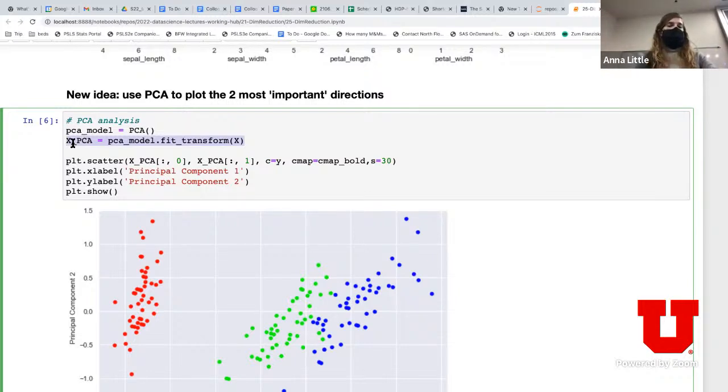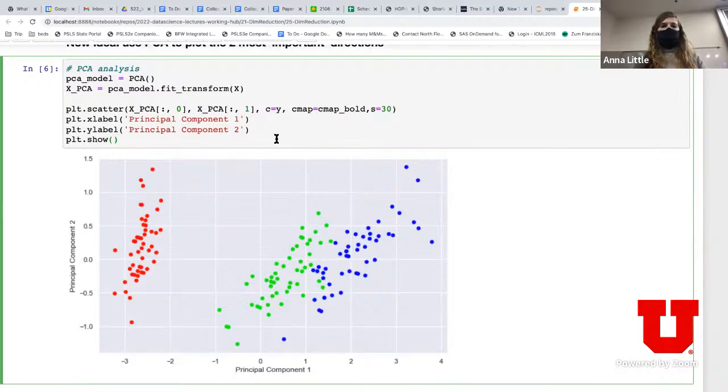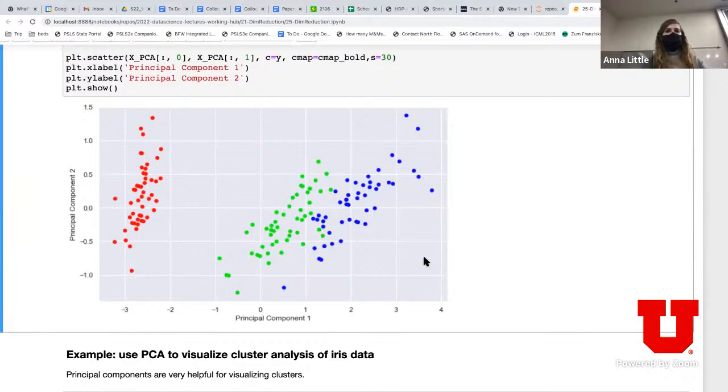The columns of this new array XPCA will be the Z's, the new features that we computed when we did PCA. And so now we can plot the first column versus the second column. This is going to give us the PCA embedding of the data. Okay, so what do you notice compared with just plotting the first 2 dimensions of the data?